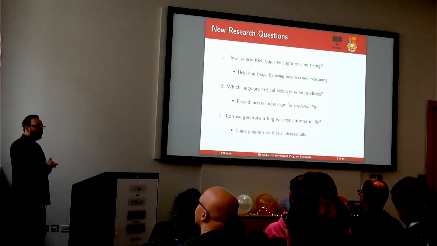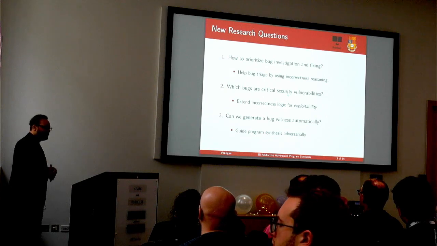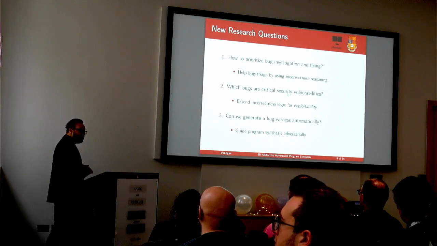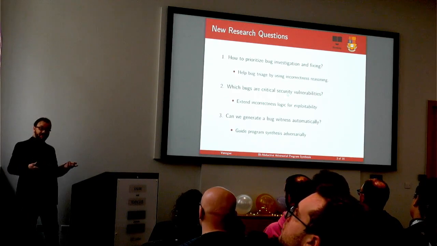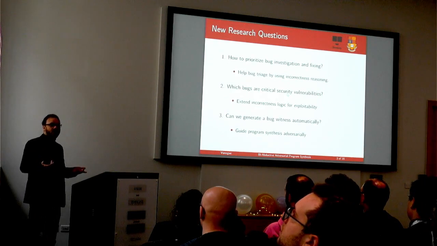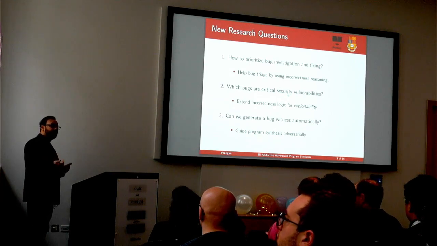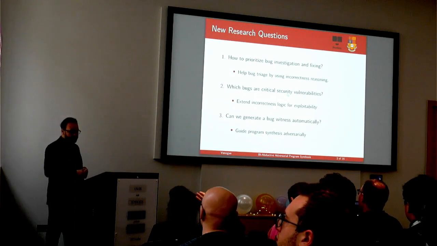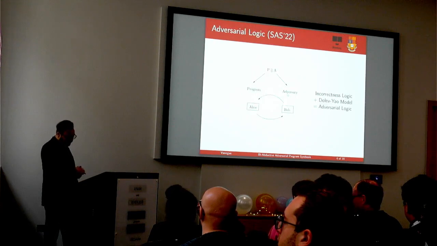And so we want to extend mechanisms available from incorrectness logic to this new word called exploitability, which is really, you give me a bug and I'm going to tell you whether that bug is an exploitable bug, is a security bug, or is just what I'm going to call a benign bug. And on top of that, can we generate the weakness automatically for that bug?